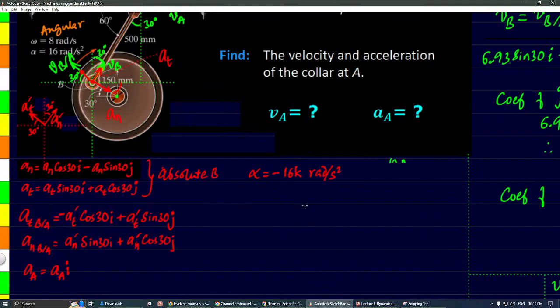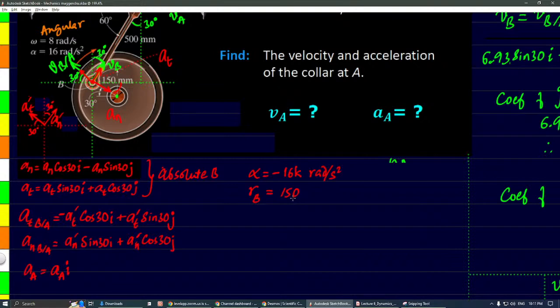So now we also have to define this radial position of B. It is 150 mm, but that is inclined now.